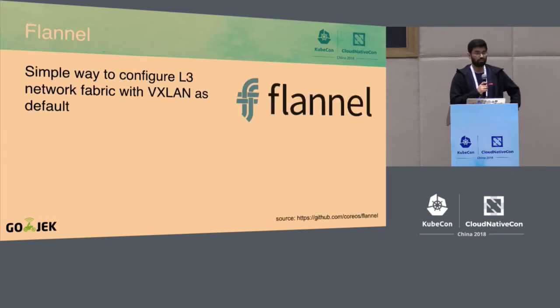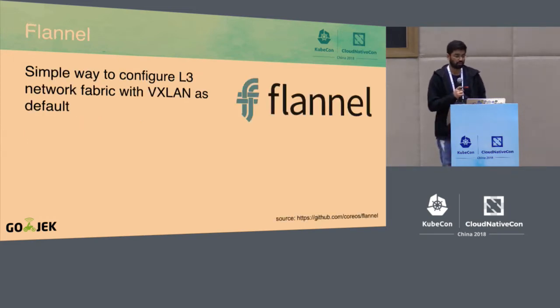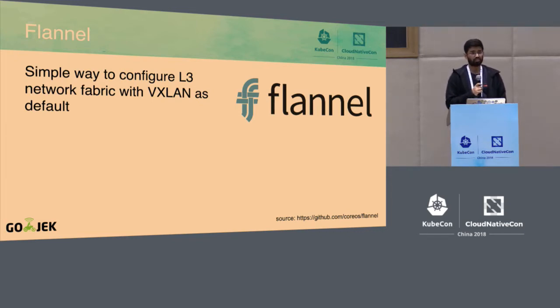Starting with a brief introduction to these CNI plugins. I'm going to just run through these. Flannel is a simple L3 network fabric, which provides support for a bunch of backends, including VXLAN, which is the default in Flannel, and it also supports other things like you can set up AWS VPC network fabric within Flannel and even GCP network.